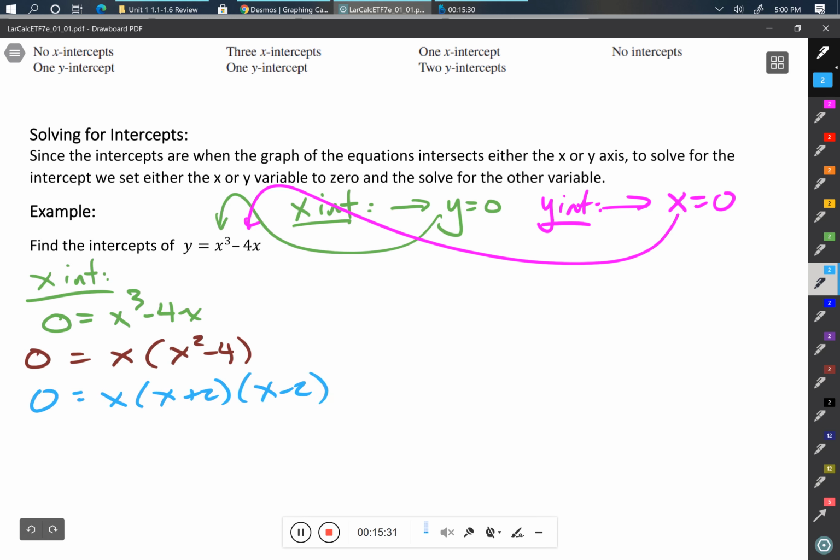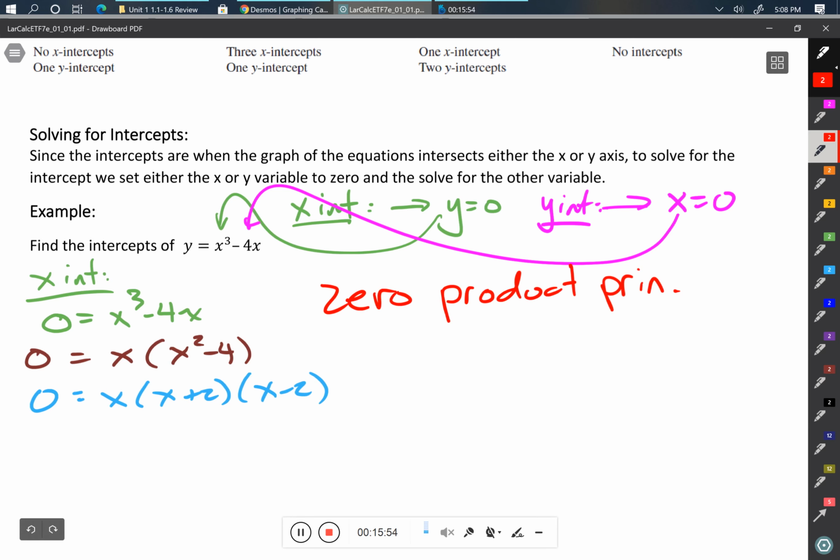Now I'm to the light blue there, and my next question is, what do I do next? Okay, so I've got it factored there in the light blue, but now what do I do? Let's see. Why do we factor? Well, we factor because of something called the zero product principle.